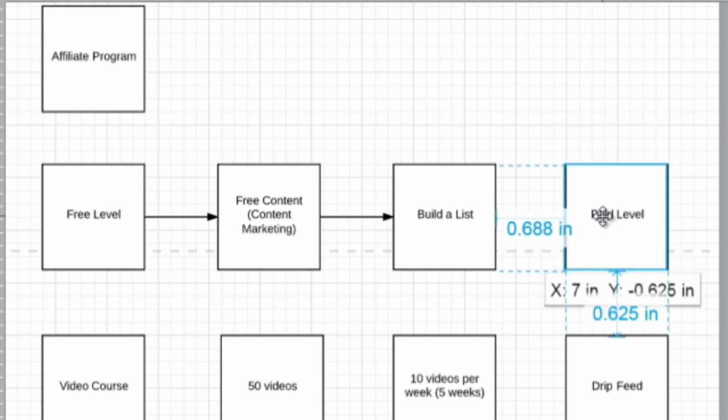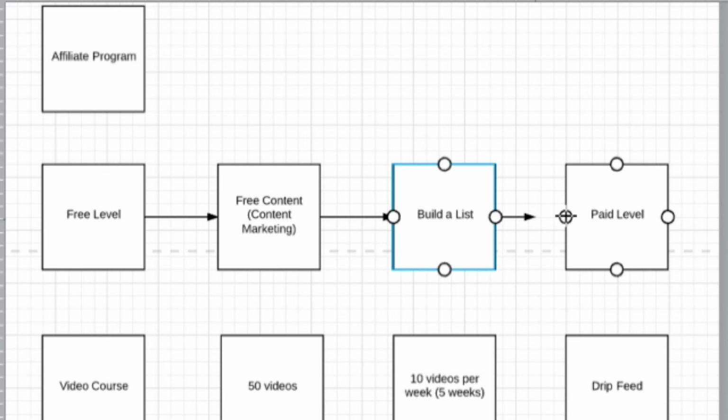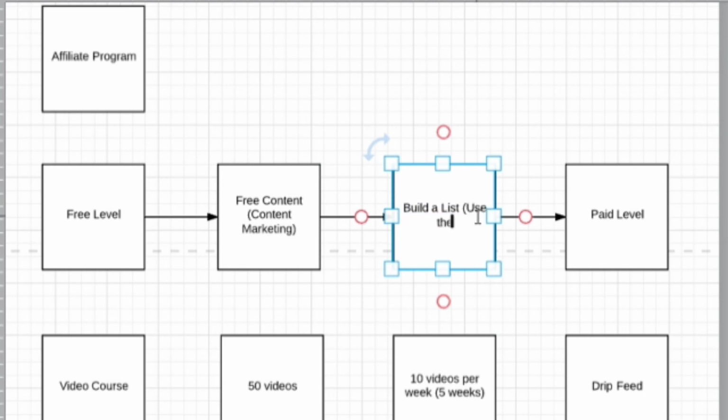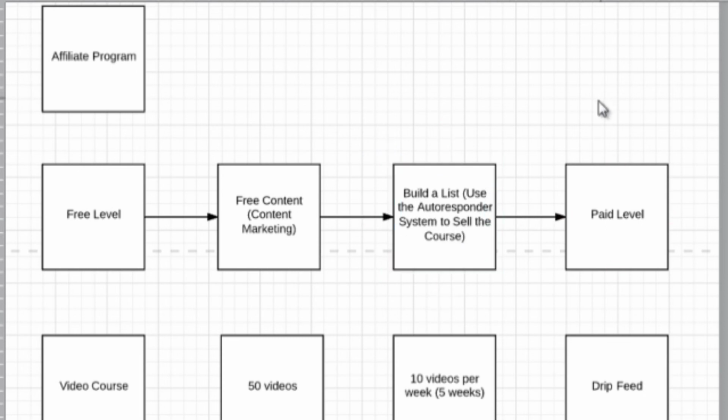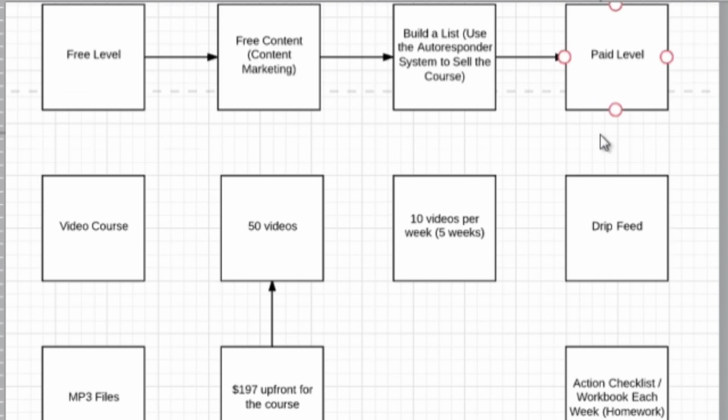And then we're obviously going to want to sell people into the paid level. So build a list, and then of course we are going to use the autoresponder system to sell the course. So you're basically providing as much value as possible to get them into the paid level.